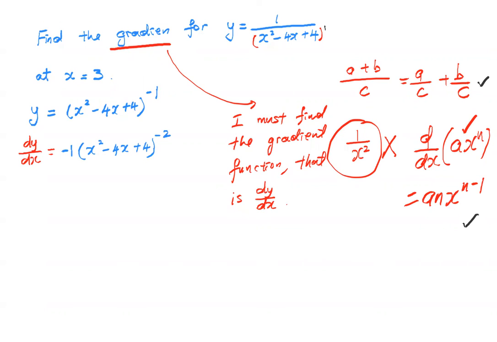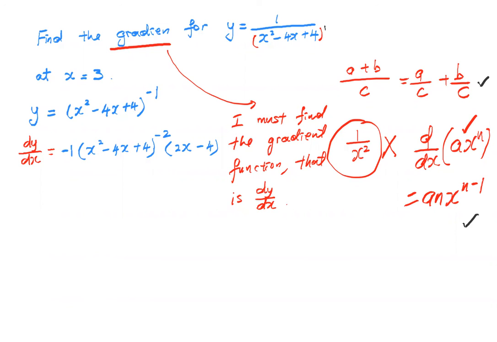Can I stop? No, it's a chain effect. So the derivative of x squared is 2x. Rate of change of 4x is 4. Am I right? Am I done? Done. So do I need to simplify it?